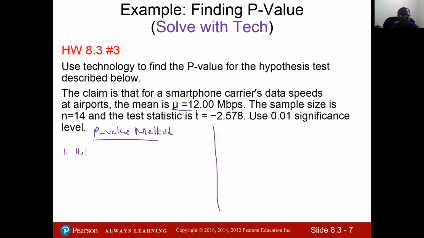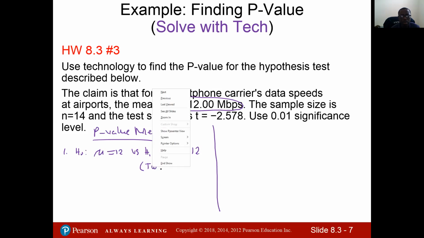My null hypothesis is the equality, so mu is equal to 12 versus the alternative, mu is not equal to 12. So this makes it a two-tail test.